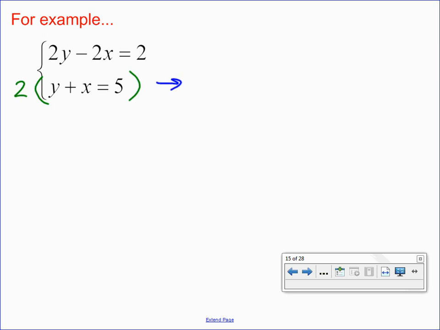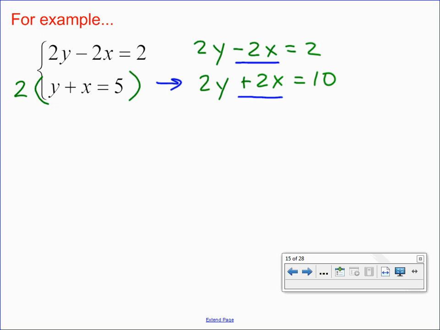So if I rewrite the first one as is, 2y minus 2x equals 2, and I rewrite the second one now after multiplying through both sides, every term by 2, I get 2y plus 2x equals 10. Now take a look, I've created exact opposites, in this case, in the x terms. Negative 2x is the exact opposite of positive 2x.